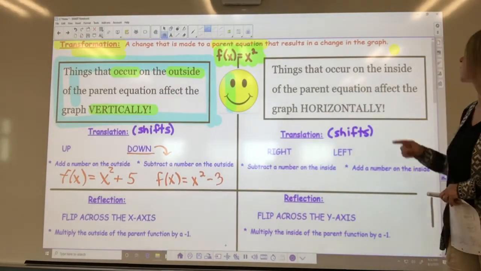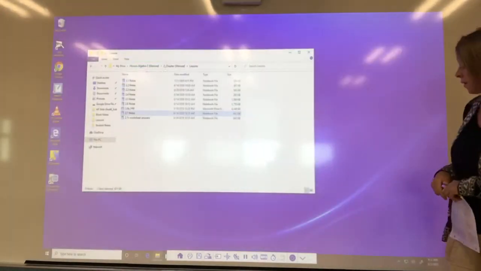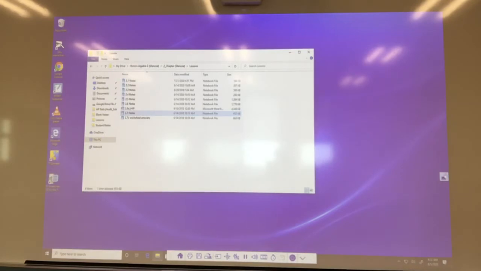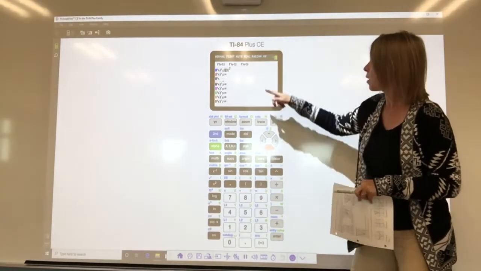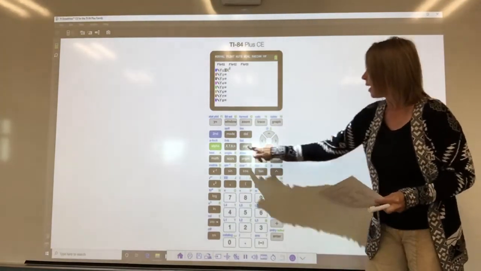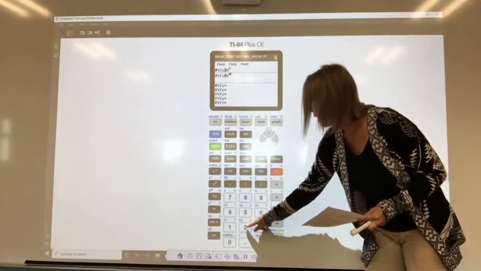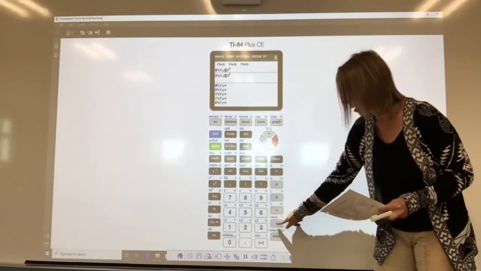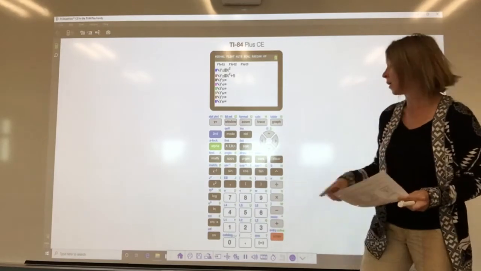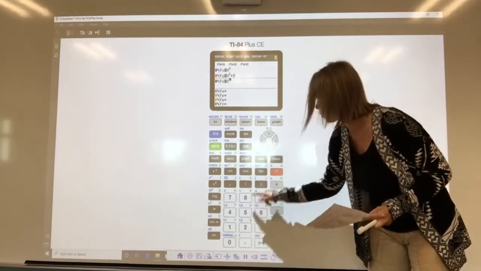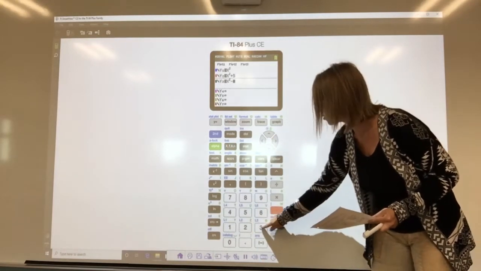So let's go back to the calculator real quick here. On the calculator, I'm going to have you go into Y equals, and I'd like for you to come down to Y2 and type in the equation x squared plus 5, and then move the cursor down to Y3 and enter x squared minus 3.